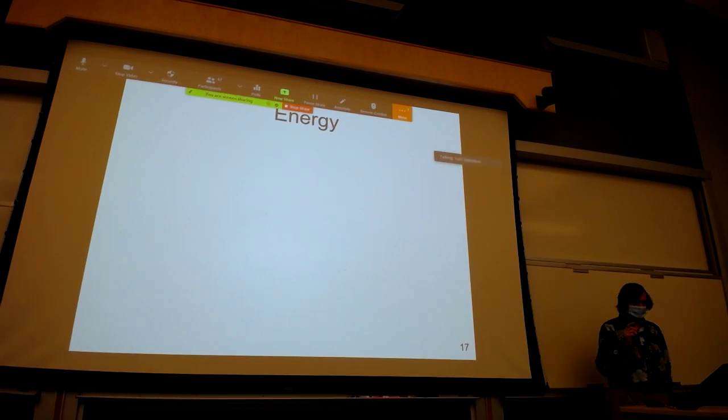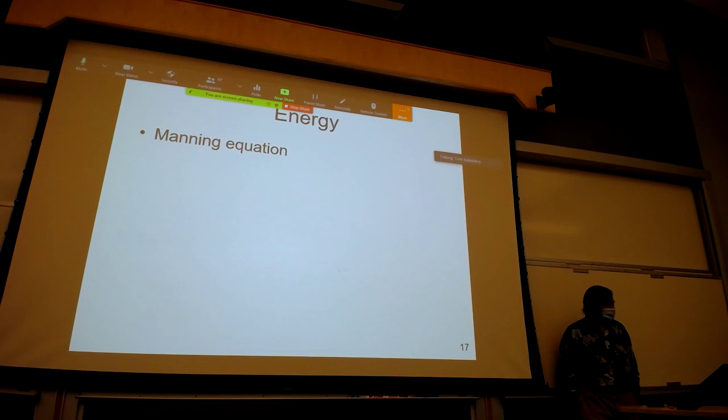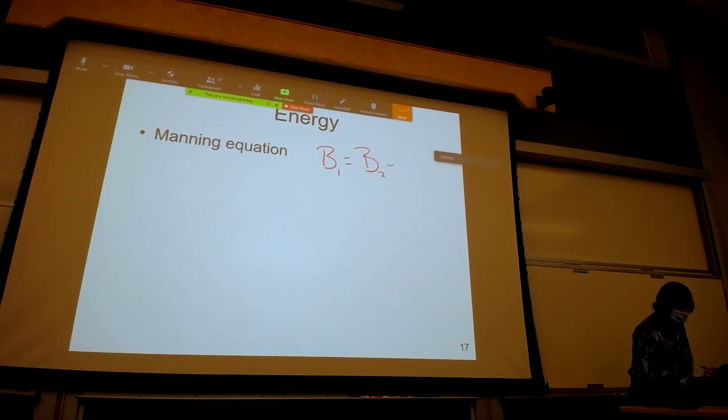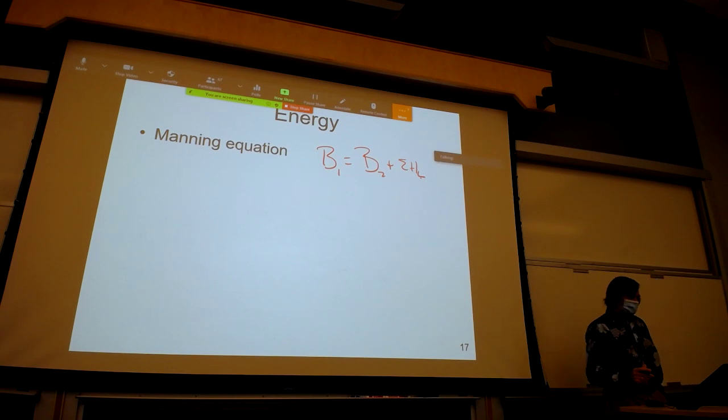So, energy. For the energy equation, what we needed to do is describe energy losses. And the energy losses are typically built into the energy equation. So when we're talking energy, we're saying that we can draw a path line, and along any path line, the upstream energy is equal to the downstream energy plus the sum of all the losses.